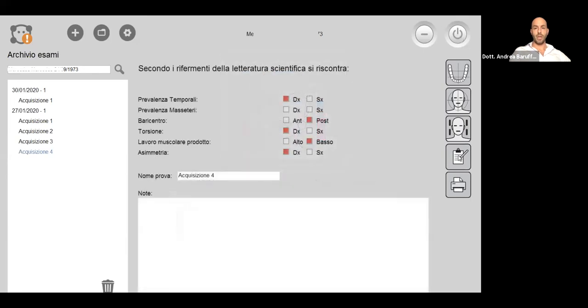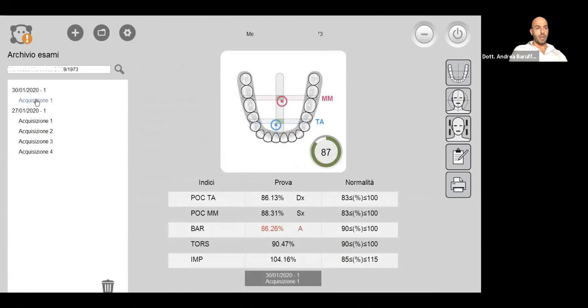Okay, here we can see in the summary, the red dots are the indexes that are not normal. The osteopath treated the patient, and after 3 days, 27 January, 30 January, we can see that the pain disappeared, and the indexes are very good.